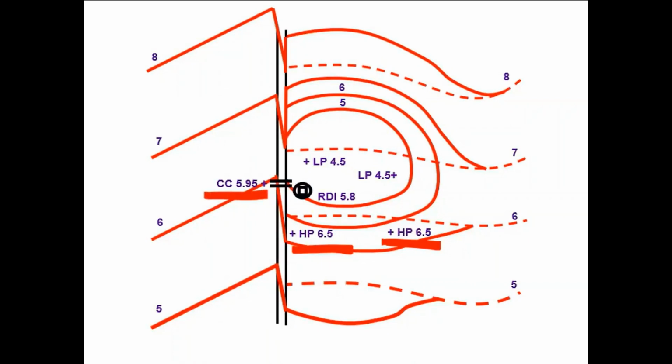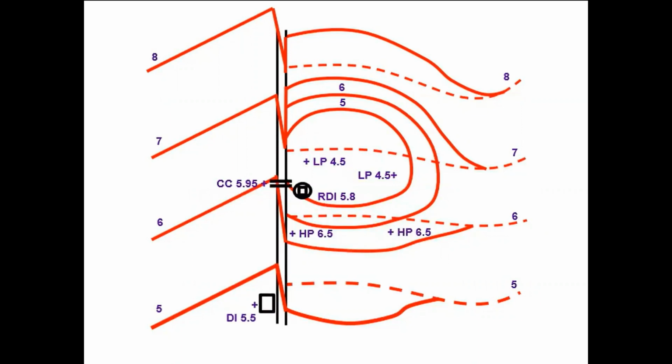Third, the elevation between the raised drop inlet and the low points inside the bioretention system will determine the depth of water that you can hold within your bioretention system. So in this case, you see we have our low points at 4.5. We have our raised drop inlet at 5.8. So the difference between those two numbers is the depth of water that we can hold in our bioretention system.